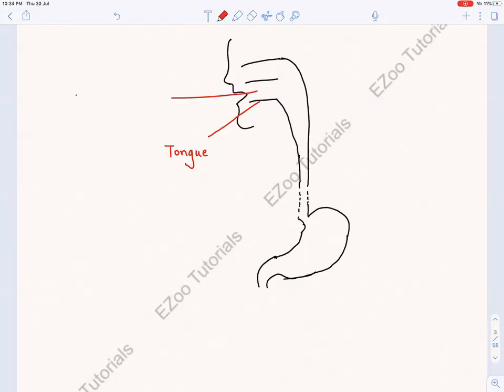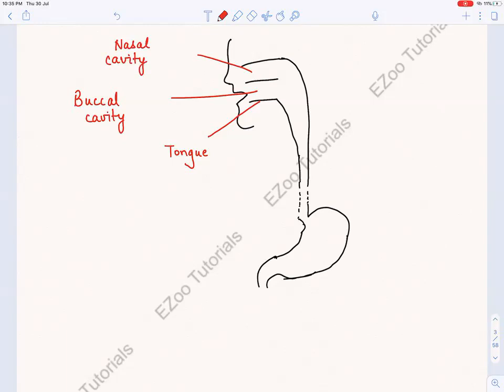This is the buccal cavity. We will study the buccal cavity in detail, with the palate, teeth, tongue, everything. This is the nasal cavity. We'll study everything. We have already studied the nasal cavity in respiration.